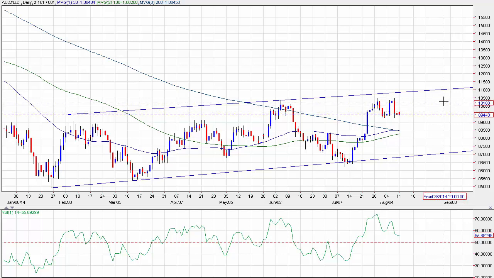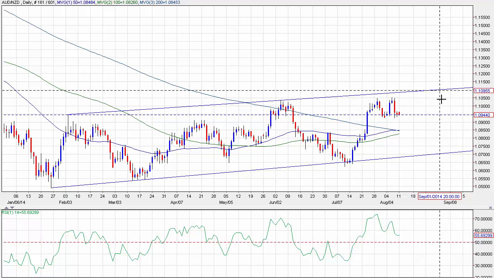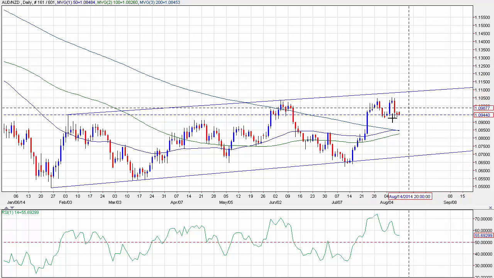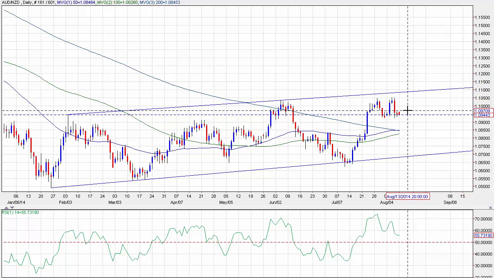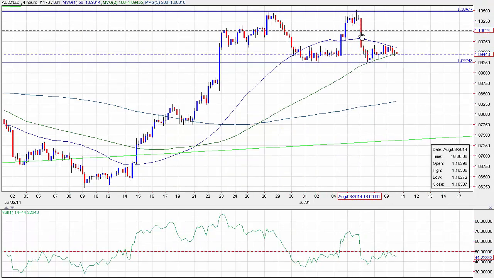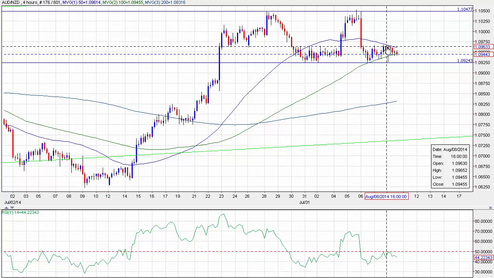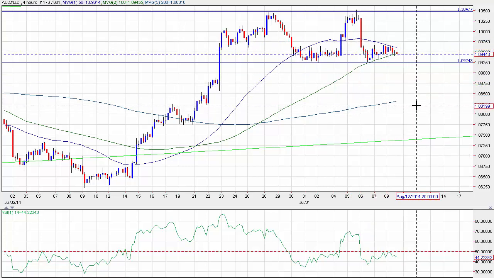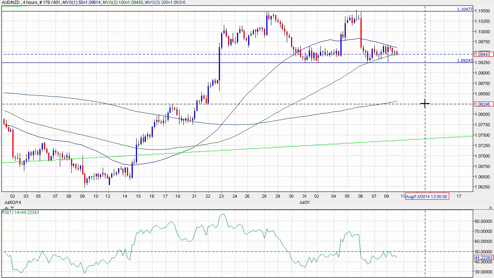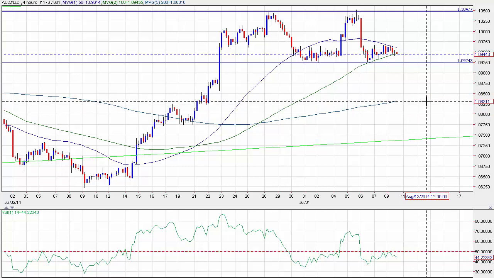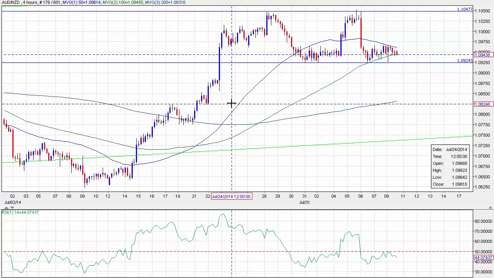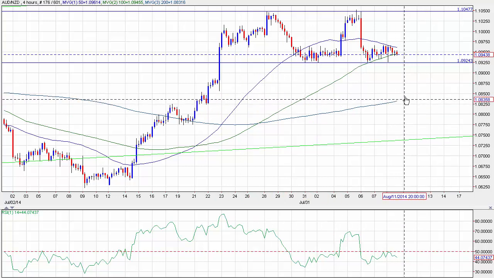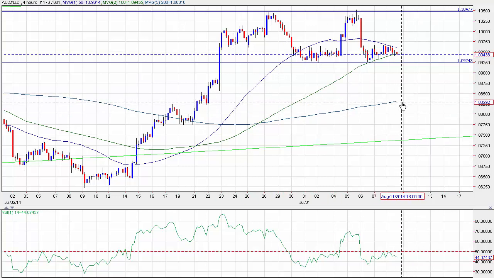You can see this topping attempt occur near the 2014 channel resistance, and the 4-hour chart shows that price is trying to break below this double top, after which we should look for support around the 1.0825, 1.0830 area, which contains a support resistance pivot and this 200 period SMA in the 4-hour chart.